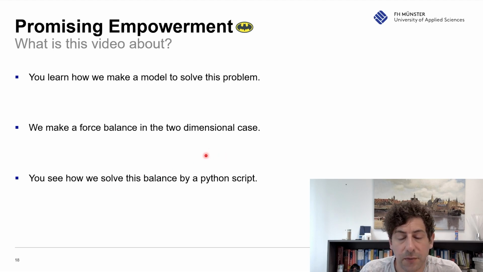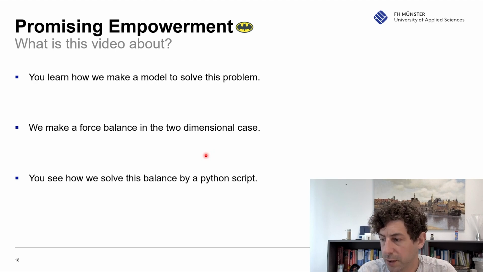But Batman has a lift force, and the Python scripts work a little bit differently. In the previous model we didn't use acceleration. Here we use acceleration because I would like to show you different ways how to solve this question.